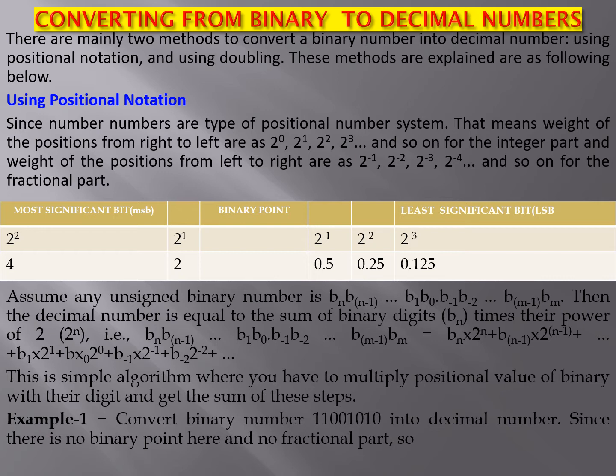Then the decimal number is equal to the sum of the binary digits times their powers of 2.